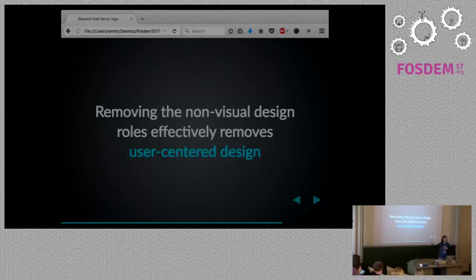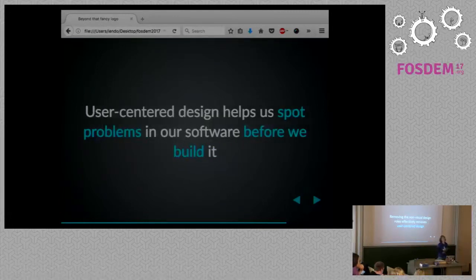When you remove the non-visual design from a project, what you are removing are the people who think about your software from the perspective of the people who use it. You're removing the people who are skilled at understanding your users and at spotting problems before you build your features. You're removing the people who would have been able to tell you that putting the sacred Tripundra symbol on a yoga rug was actually a really bad idea.